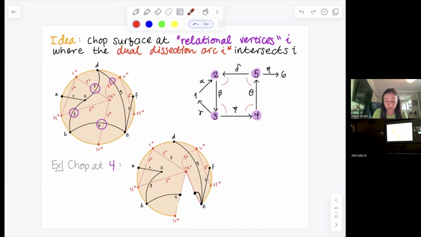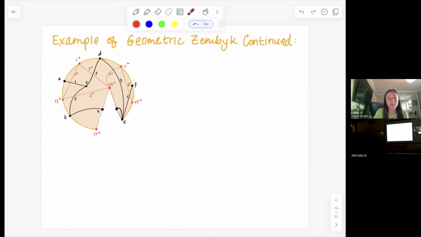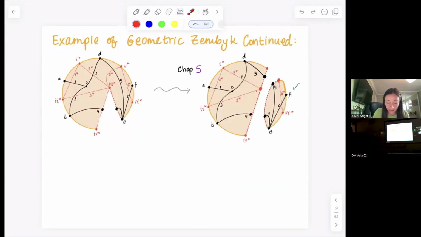And we can kind of continue going with all of the other relational vertices to see what we get. So here's the same picture that I had chopping at the vertex 4. If we now chop at the vertex 5, so this particular intersection that we see here, we're going to get the disjoint union of 2 different surfaces. So visually, we have this arc 5 is now chopped in half here.